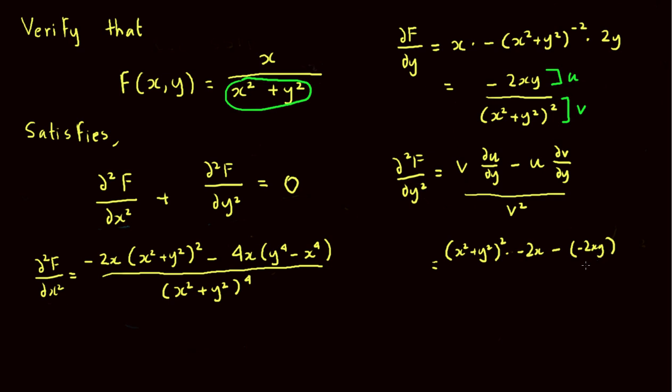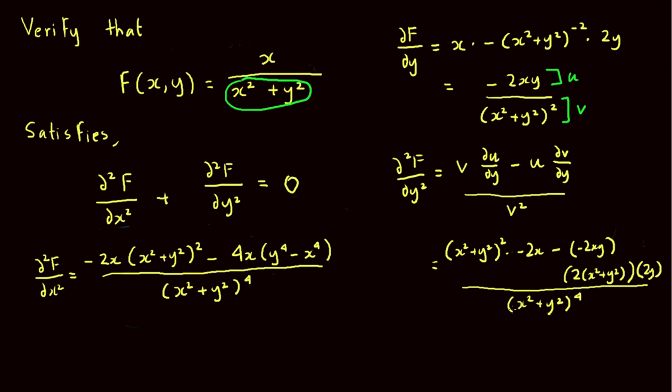Del v del y is just going to be 2 times (x squared plus y squared), multiplied with 2y, over again (x squared plus y squared) to the power of 4.